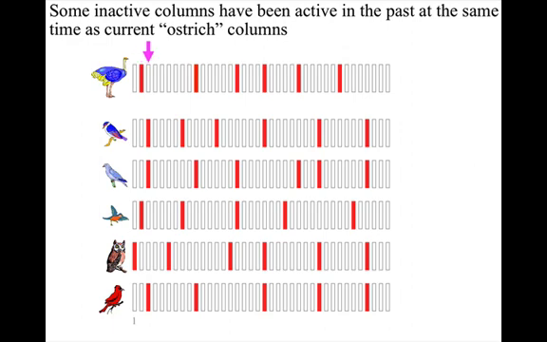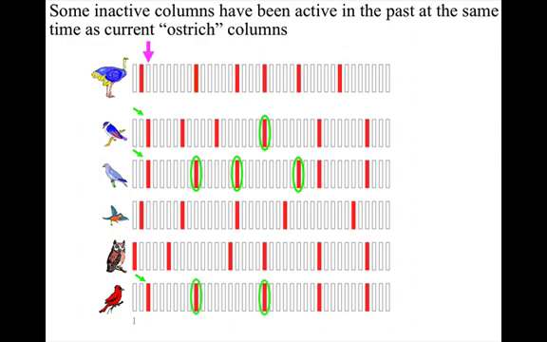The third column is inactive in this current ostrich response, but it's been active in the past a number of times in different experiences. In the top one of those past experiences, when that column was active, one of the currently active ostrich columns was also active. In the second experience, it was active at the same time as 3 of the current ostrich columns.